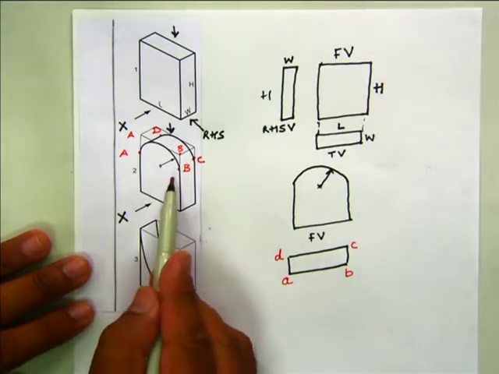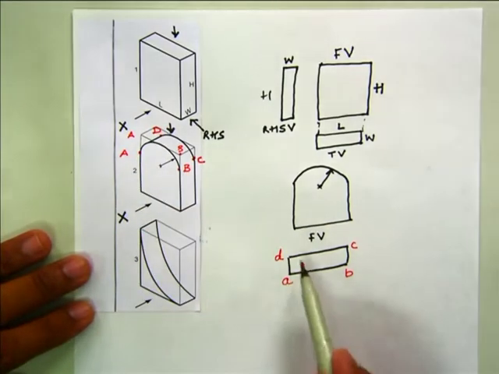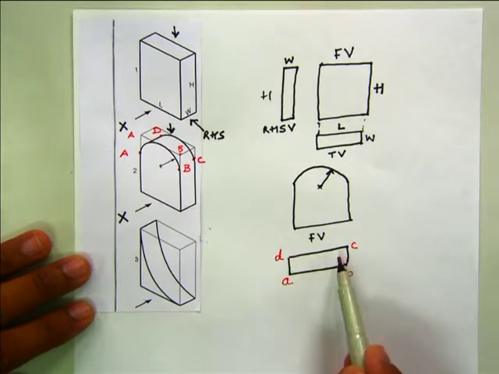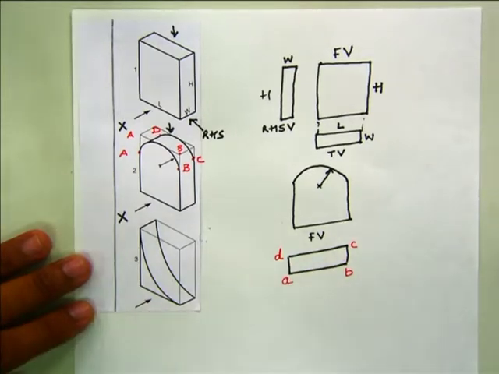So when there is a curvature, in top view it looks like a straight line.